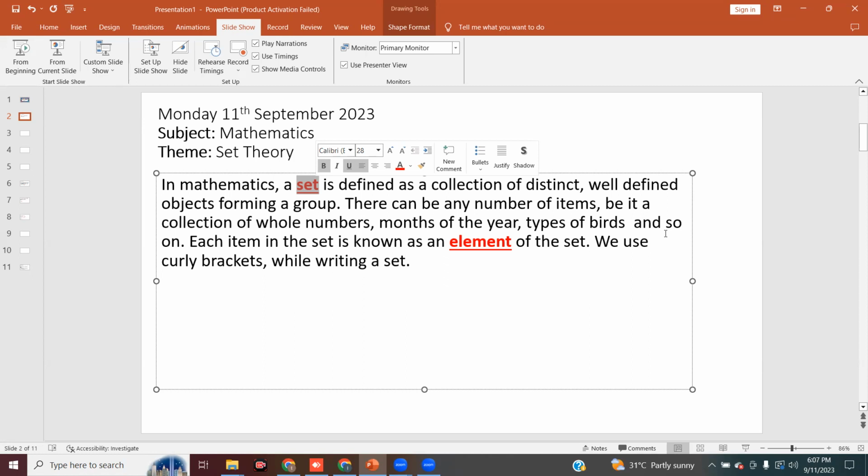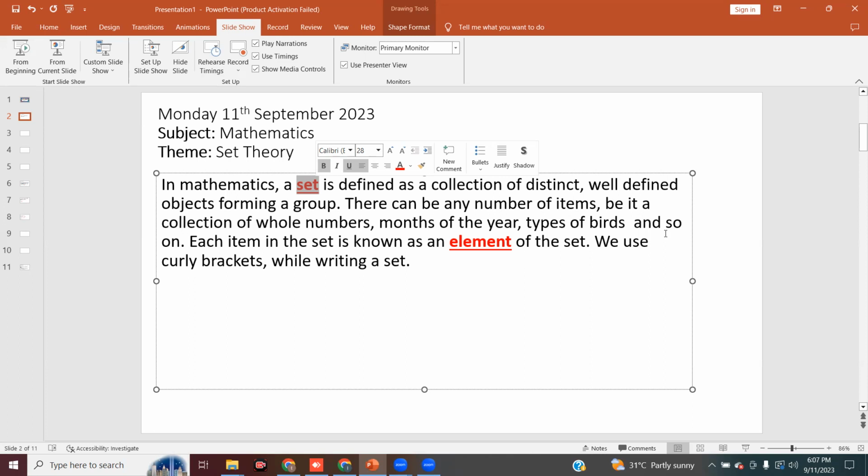A set is like different numbers, months, and all that in a group. Yeah, a set is a group of things. Okay, that's all a set is, a group of things, or a collection of things. So you could say a set is a group of things, or a collection of things. Make sense?